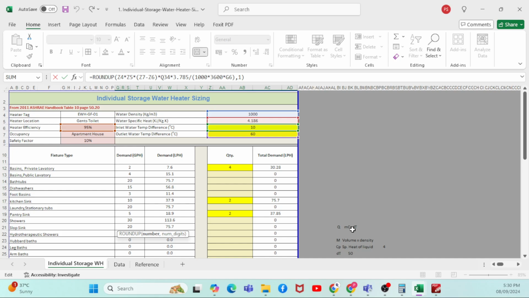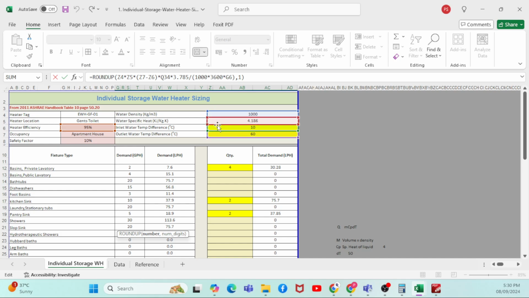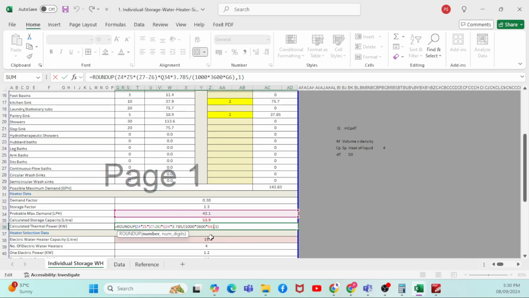Multiply by Z5, which is the specific heat. Multiply by delta T, Z7 minus Z6. Okay, multiply by Q34, which is the capacity, the probable maximum demand, because this is the amount required.